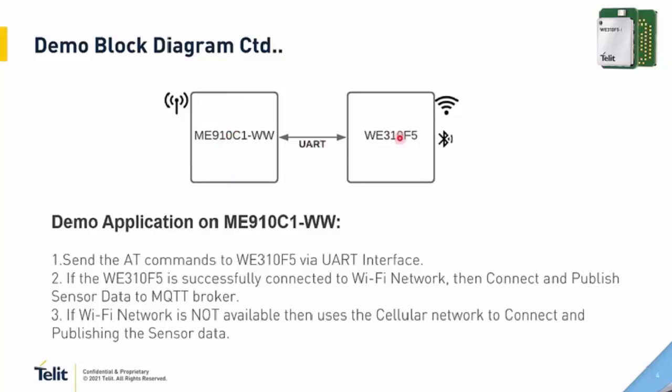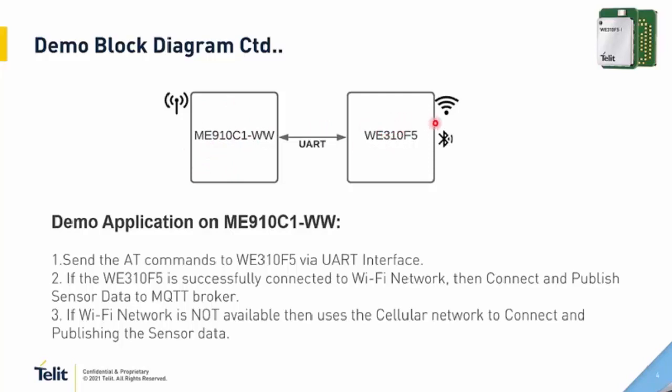As a simple application, we have implemented this to use multiple wireless technologies. The MU910 has the capability to run your own standalone application, or you can use it from an external host that gives AT commands to the MU910. But in this example, we use it primarily as a host, and also use its cellular capability, and we programmed the module to communicate to the deviceWISE cloud using the MQTT protocol. So the whole stack resides in this MU910.